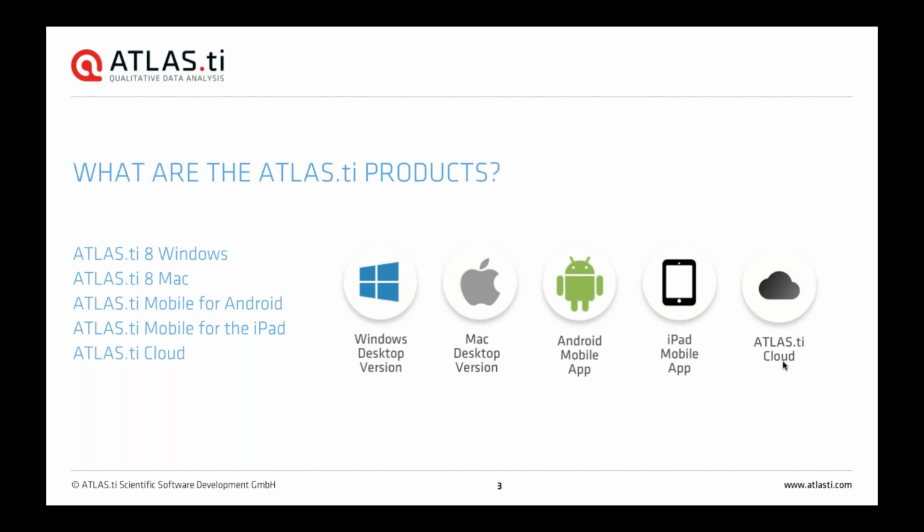And while we're in the beta version, you can all use it for free. So if you're interested, feel free to enter our website, and you can create your ATLAS.ti Cloud account there and also try analyzing your data online. Now, any of these projects from cloud or from the mobile apps can always be opened in one of the desktop versions of the software in case you want to continue your analysis from there.